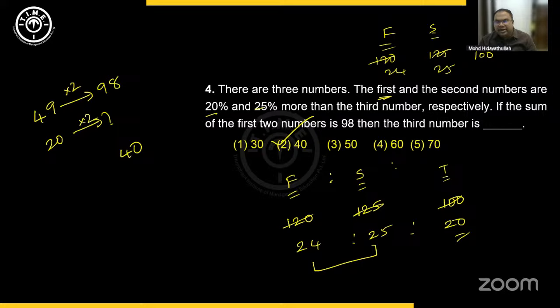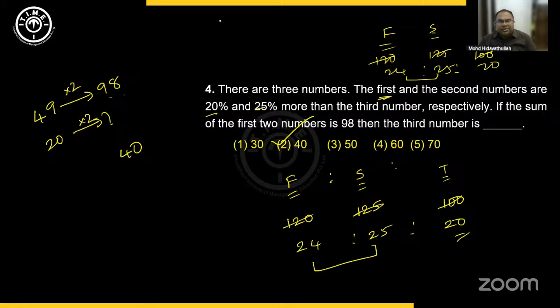Remove that common factor. They are in this ratio. So sum of first two numbers, 49 parts, is 98. Third number, 20 parts, how much? 49 into 2 is 98, so 20 into 2 is 40. I'm removing that common factor, taking the ratio.